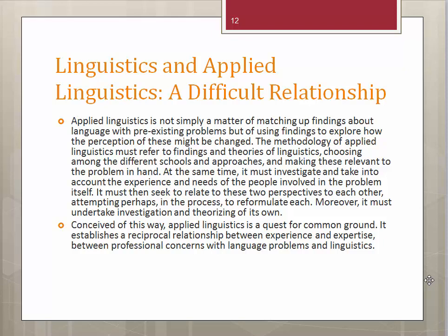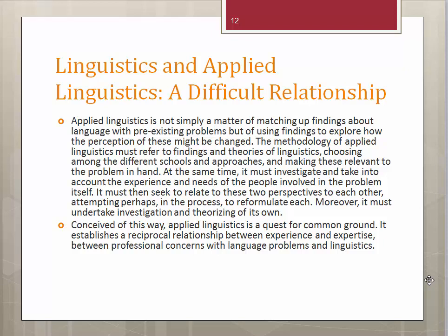At the same time, it must investigate and take into account the experience and needs of the people involved in the problem itself. It must then seek to relate these two perspectives to each other, attempting perhaps in the process to reformulate each perspective. Moreover, it must undertake investigation and theorization of its own.